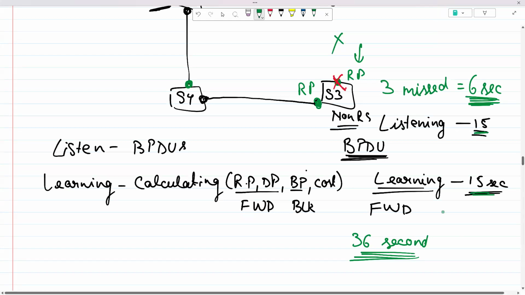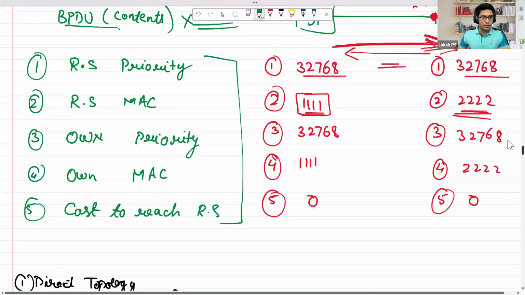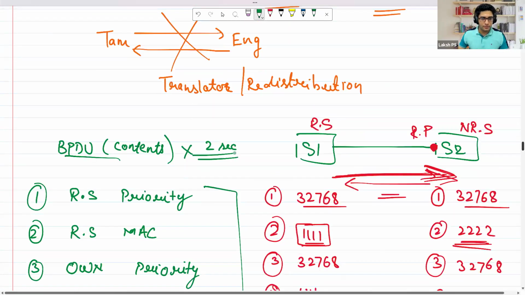One question, Lakshya. Suppose any Ethernet port, between switch to switch communication, when we connect a new port, how long does it take to come up? The port is first in disabled state, right? Yeah, that is what I showed you here. 32 seconds.